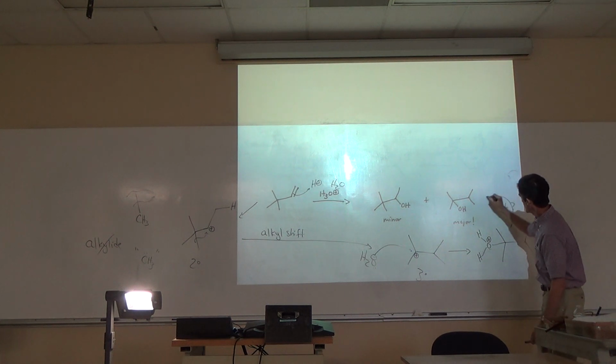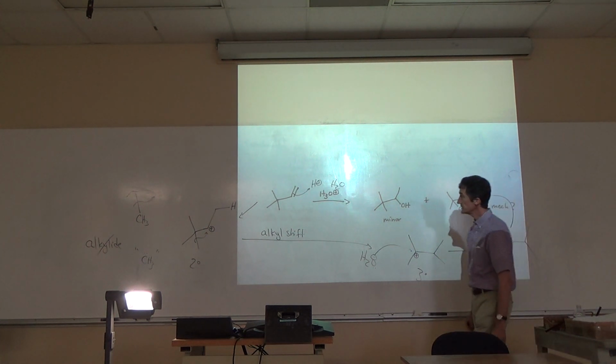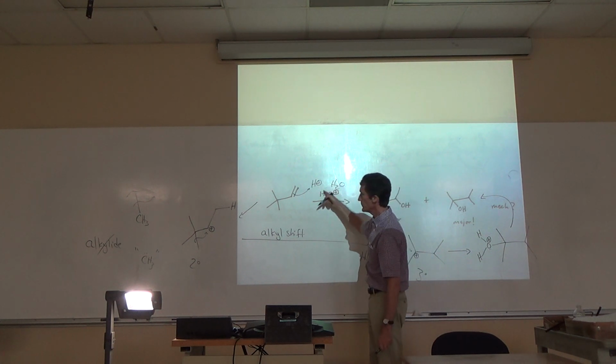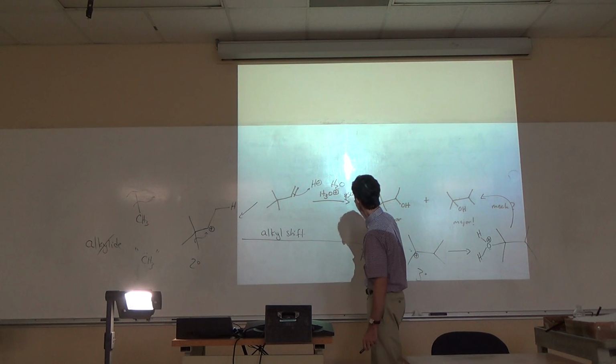And then how do we get the final product? Something has to take an H. What can take an H? What's the minus here? There's got to be a minus. You know, this is a generic way to show aqueous acid. But in practice, you've got to have some minus. Maybe it's HSO4 minus.